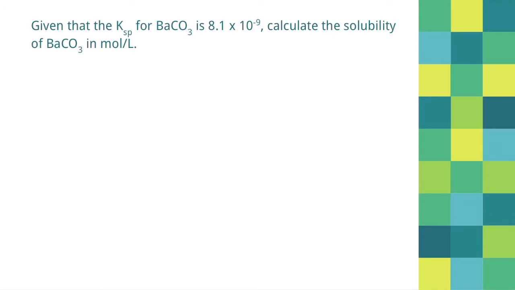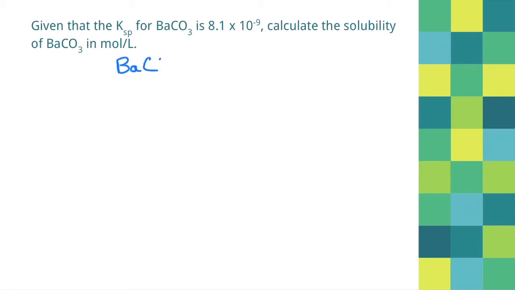On to our second example. For this one, we're given a Ksp for barium carbonate, which is 8.1 times 10 to the negative 9, and we want to calculate the solubility of barium carbonate in moles per liter. Again, really your first step in any of these kinds of questions is to write out a balanced chemical equation.